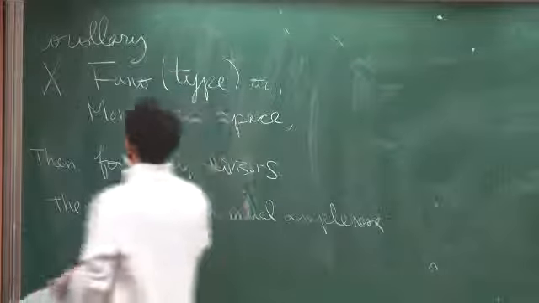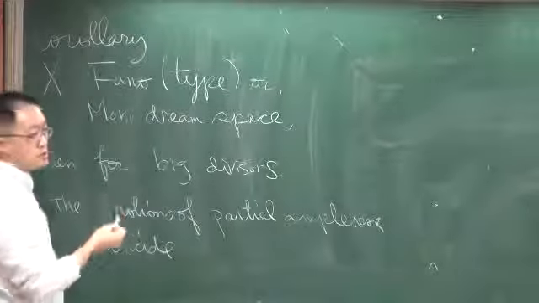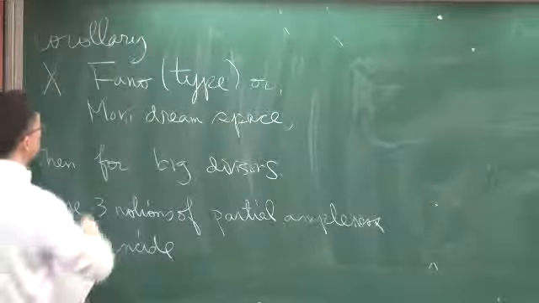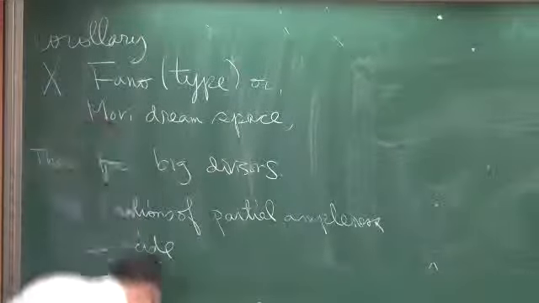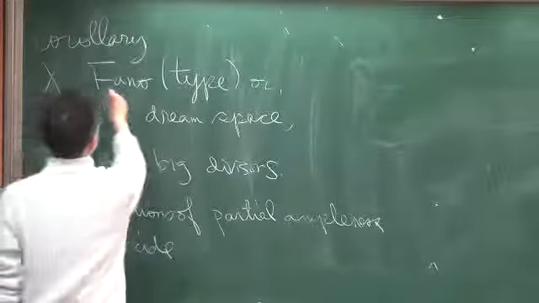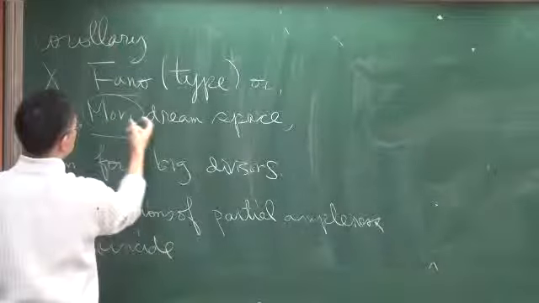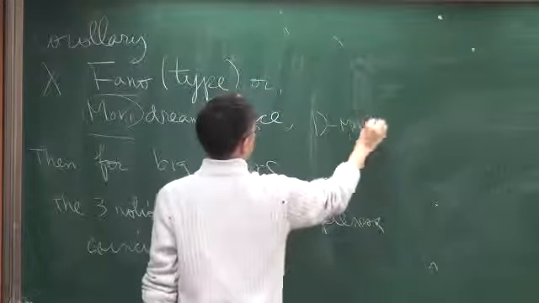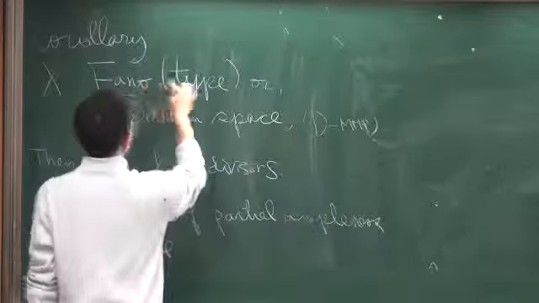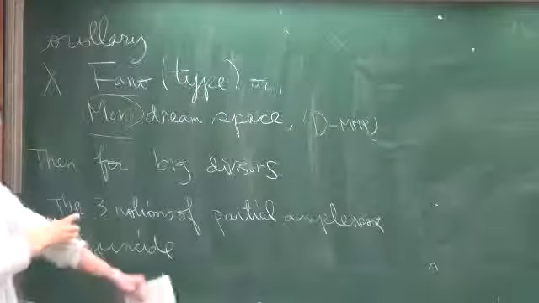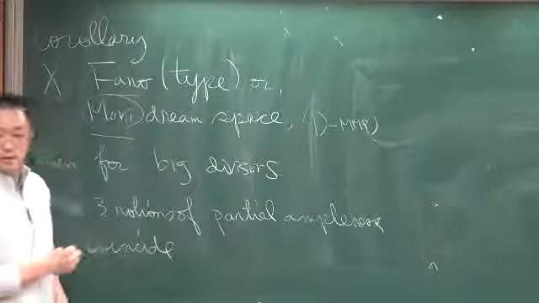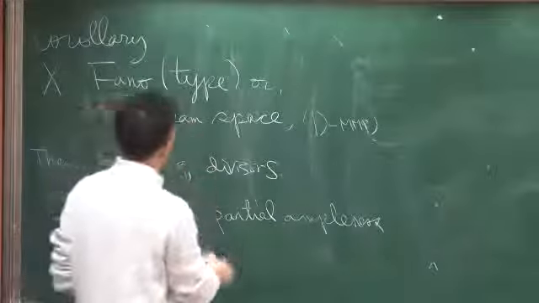So the motto is, as long as you can run the minimal model program, the three notions always coincide. Because on Fano or Fano type varieties, and Mori dream spaces, you can always run the minimal model program. So that's why these three notions coincide. Okay.